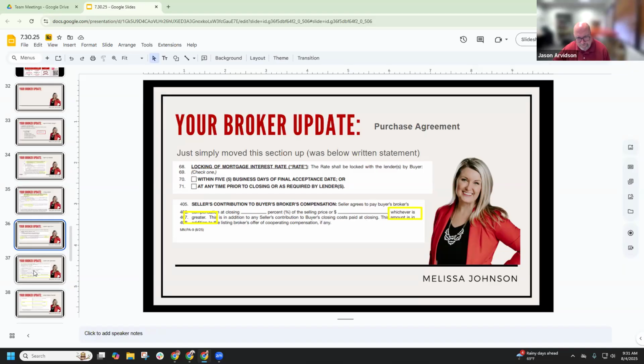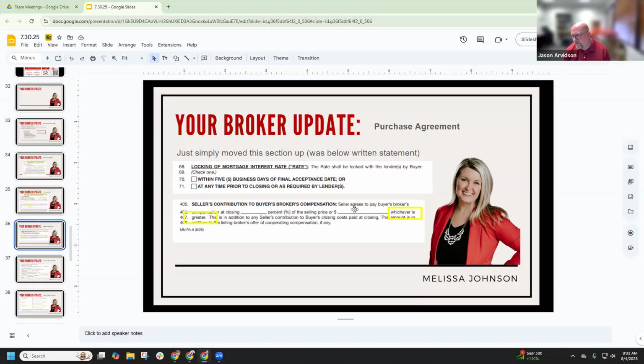So typically, unless you are doing flat fee real estate, you should always just put 0 in that dollar thing and the percent that you intend to pay. In this section on the seller's contribution to buyer's broker compensation, again, I'm going to recommend that you put 0 and 0 and make the buyer negotiate for the compensation rather than just telling them what it's going to be up front.